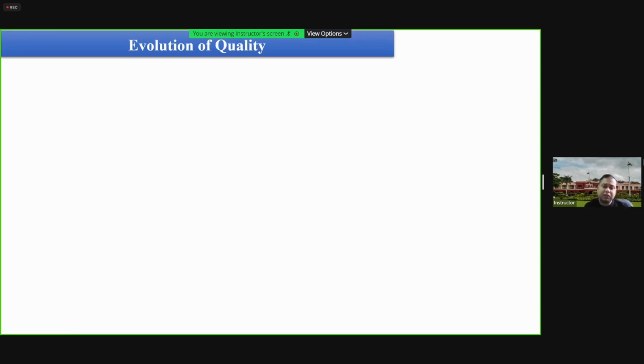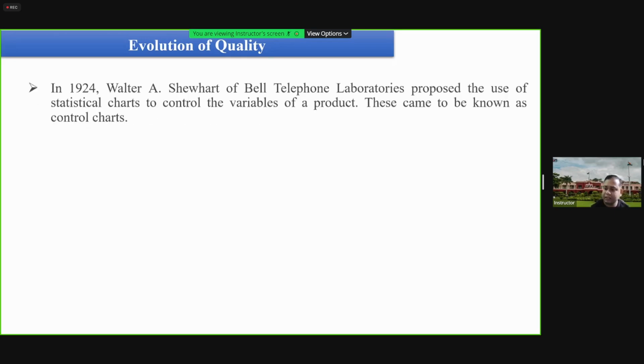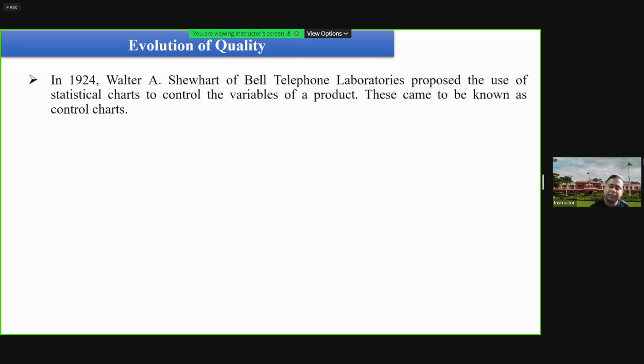During that era, Mr. Shewhart, who was working with Bell Telephone Laboratories, gave the concept of using statistics in managing quality. That is when the concepts of control charts and statistical quality control came into the picture.